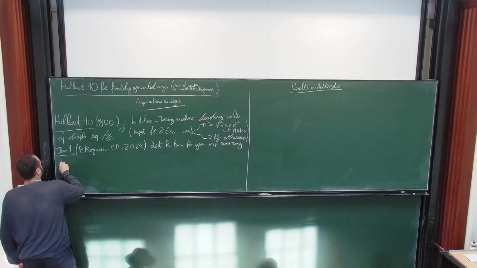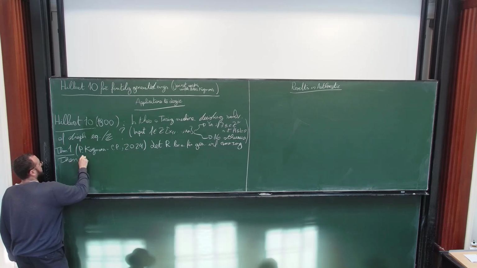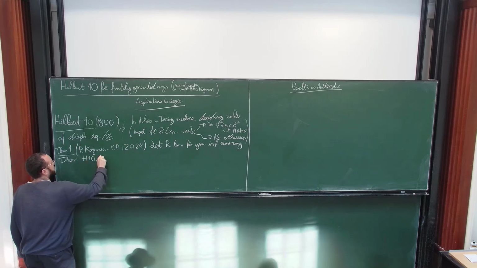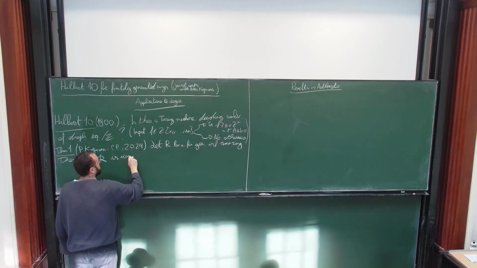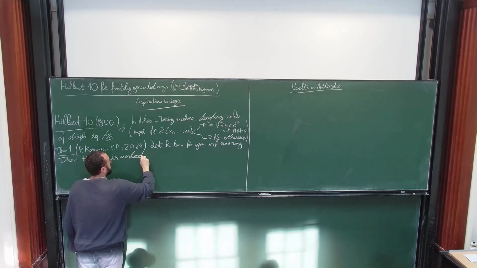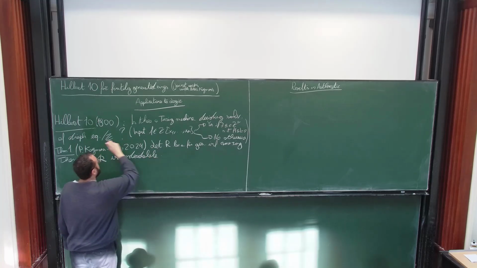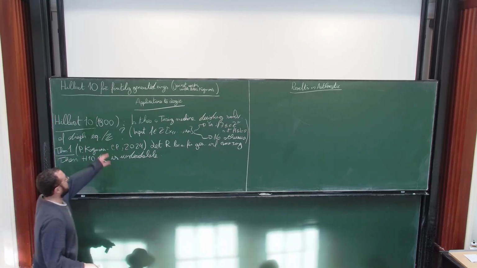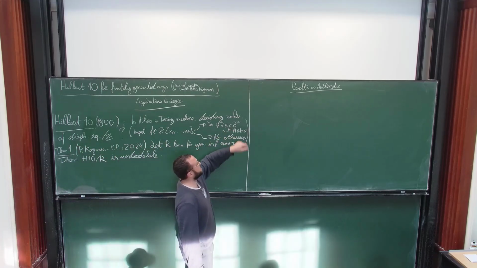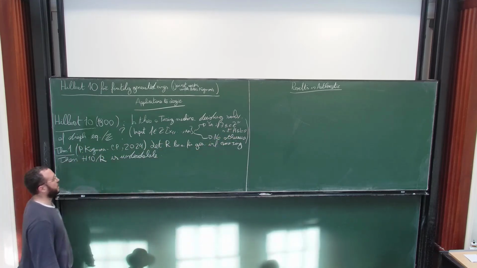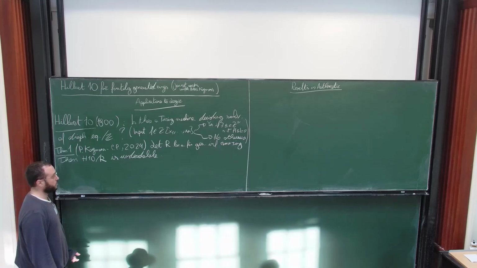Then the answer to Hilbert's question is no, and I would summarize this by simply writing: H10 over R is undecidable. If you run the same question, is there a Turing machine, replacing everywhere Z with R, so it takes as input an equation with coefficients in R and decides whether there is a solution in R, then the answer is no.